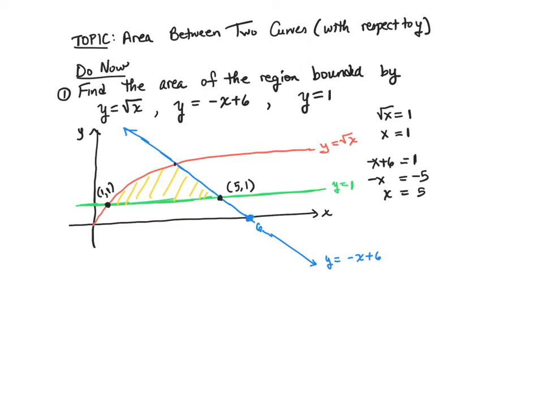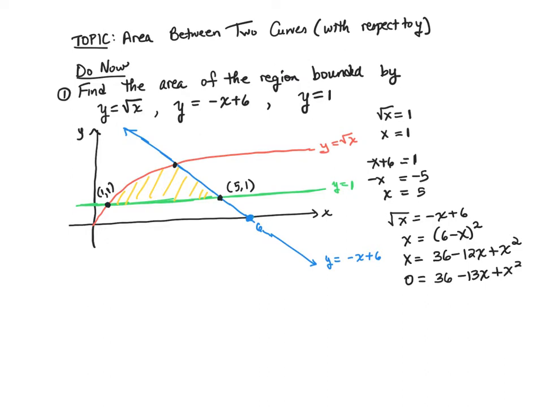And then this point is the hardest to solve for because we have to set the square root of x equal to the linear function. To solve for this, we have to square each side, and we have to multiply this out. Get the quadratic into standard form. And let's see, can we factor this? I believe we can.